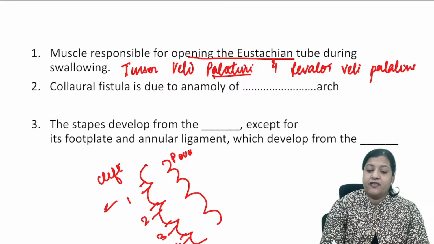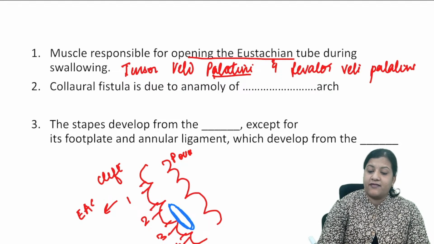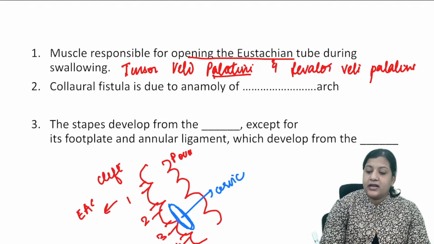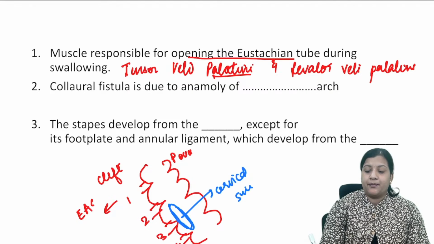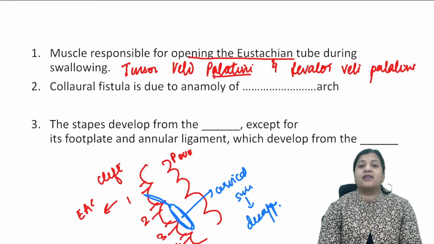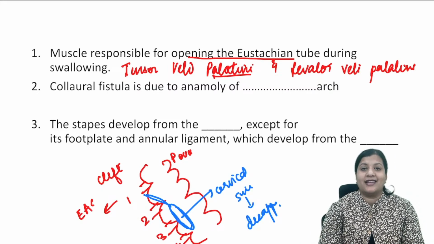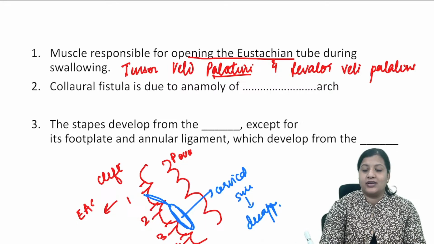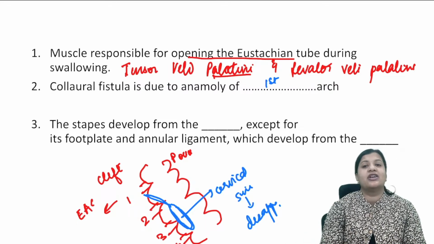The cleft of the first arch gives rise to the external auditory canal, and the rest of the clefts fuse to form the cervical sinus. This cervical sinus normally disappears, but if it persists, there will be a communication between the external auditory canal and the cervical sinus, which we call the fistula. So it's an anomaly of the first arch.